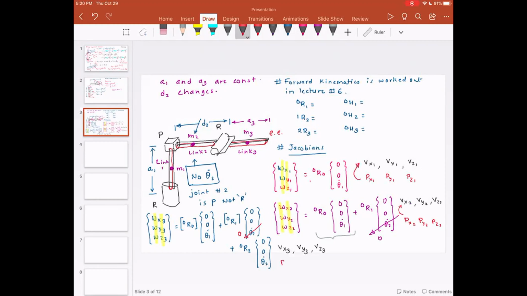Finally, we will find px3, py3, pz3, and then vx3, vy3, vz3. Then we will derive the Jacobian expressions, and from the Jacobians we are going to get all the angular velocities, and later we are going to find the potential energies for link 1, link 2, and link 3.